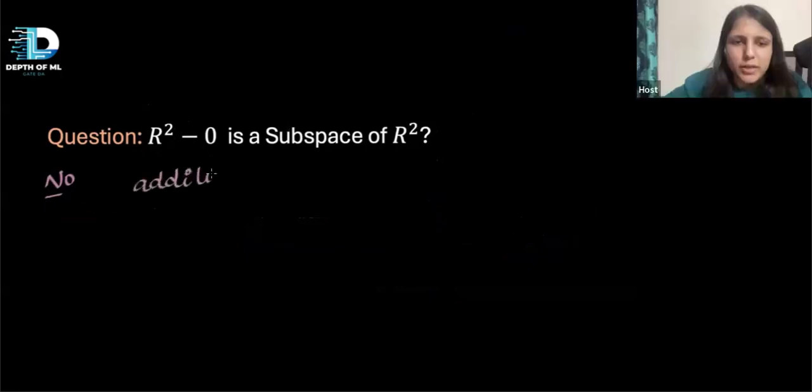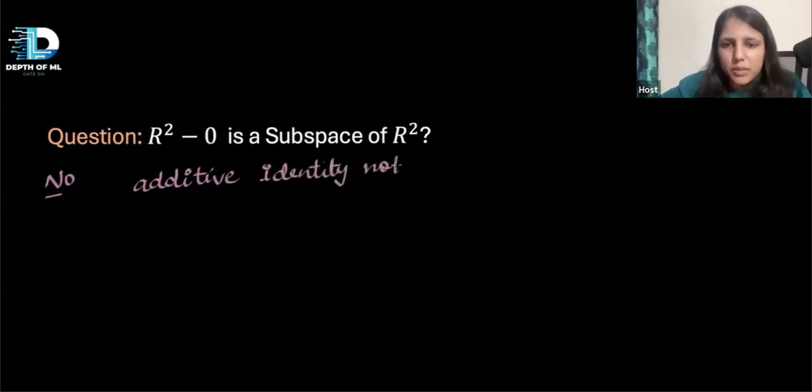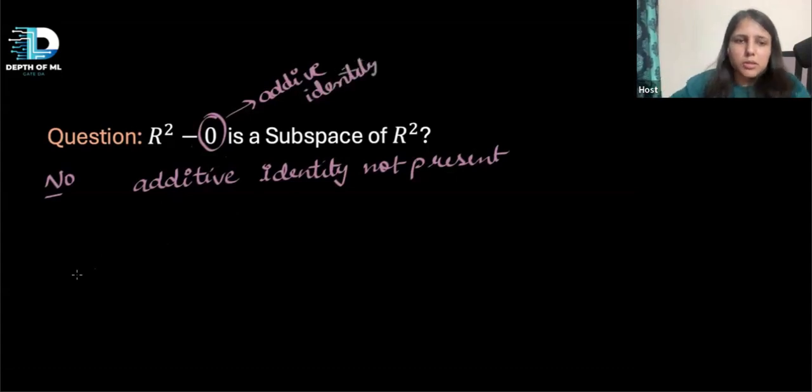Right. So additive identity not present. Because I removed this additive identity, this is the additive identity. So this is not a subspace. So this is not even a vector space.